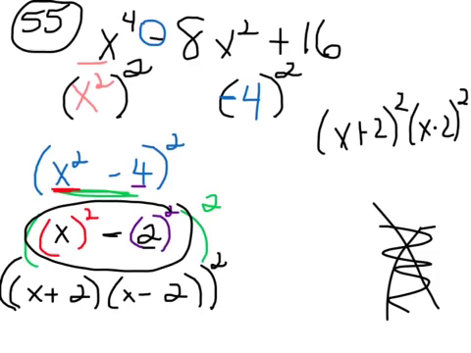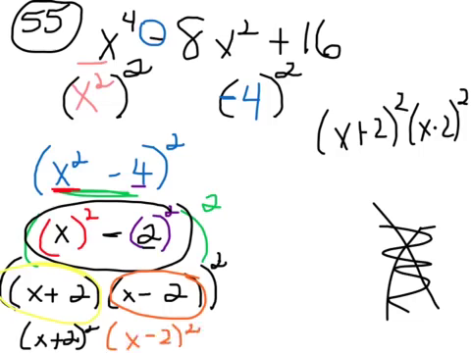Now, this actually shows up in Algebra 2, Pre-Cal, all that stuff more than you'd think. You have to kind of keep factoring here. Now, if I have parentheses and there's a square on the parentheses, doesn't the square go with everything in the parentheses? So the square goes with this thing right here, so we do have x plus 2 squared. And the square also goes with this thing, so that becomes x minus 2 squared. And that's what they asked us to do right there, was to show that it's the same thing.